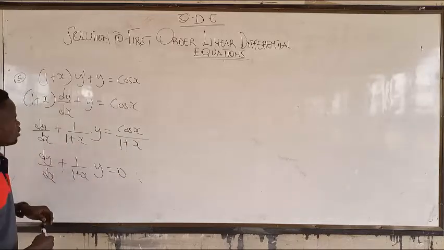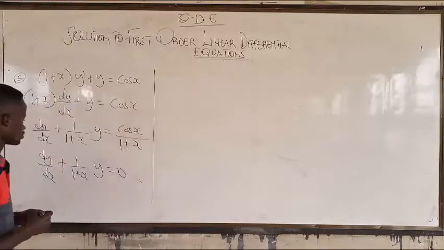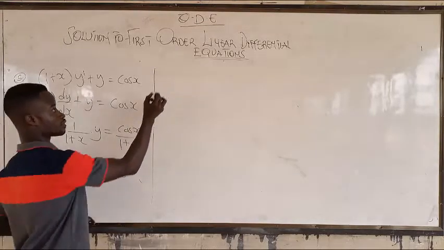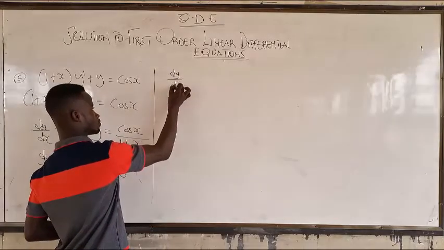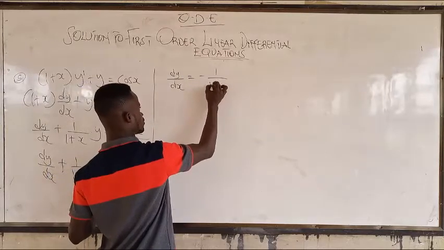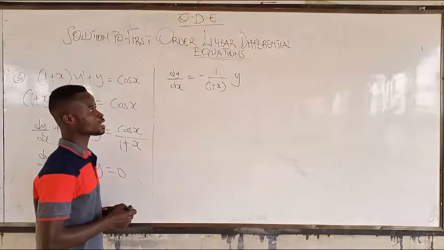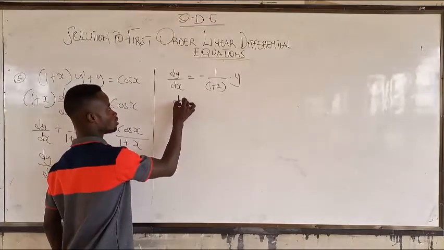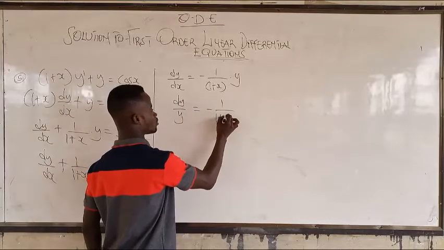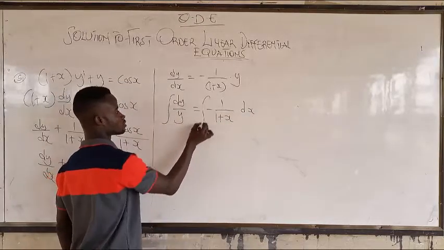Now the next thing to do is to send this to this side. So for us to make it separable, we know what we will do. Then we integrate both sides.